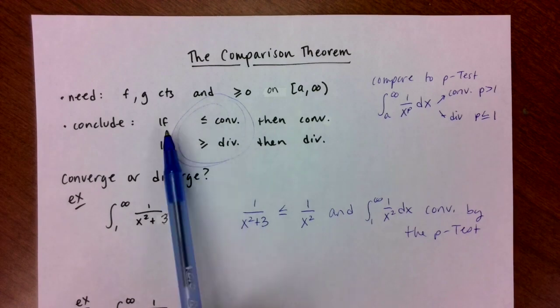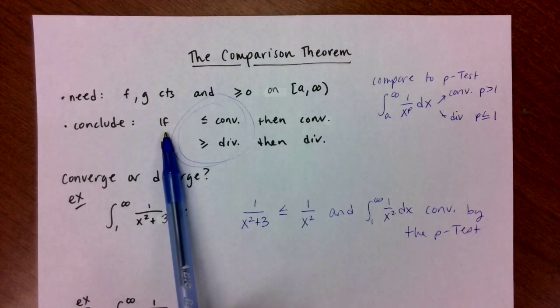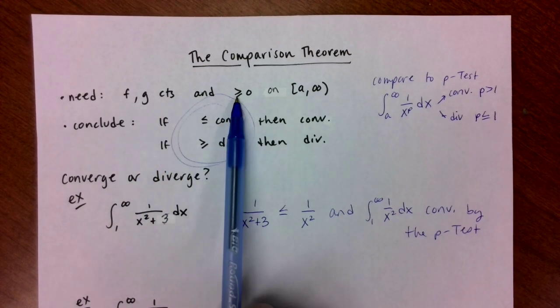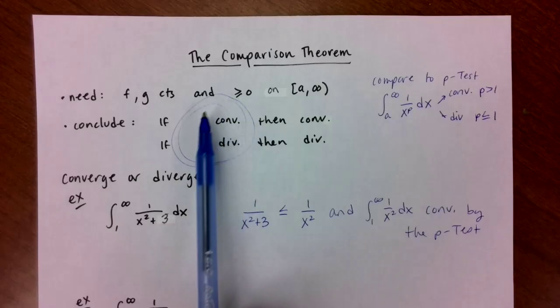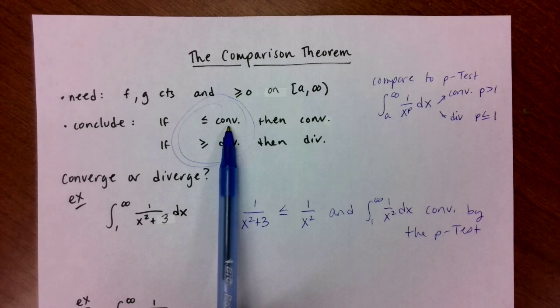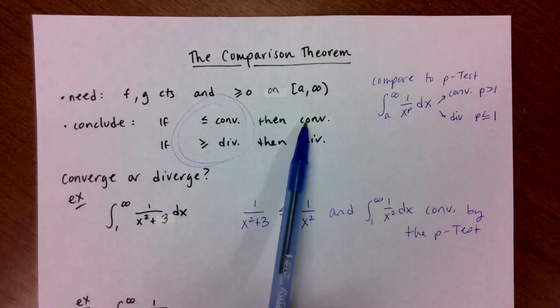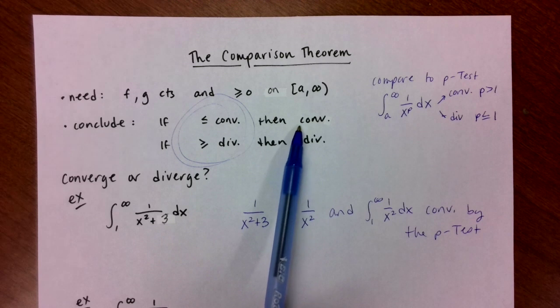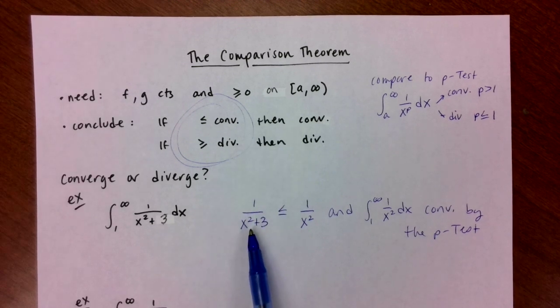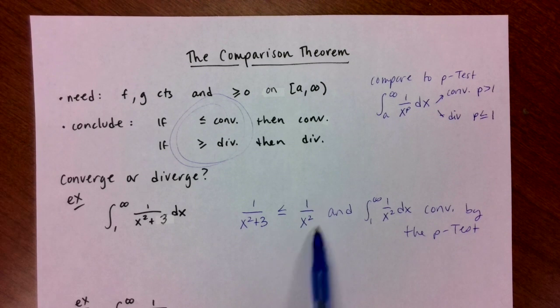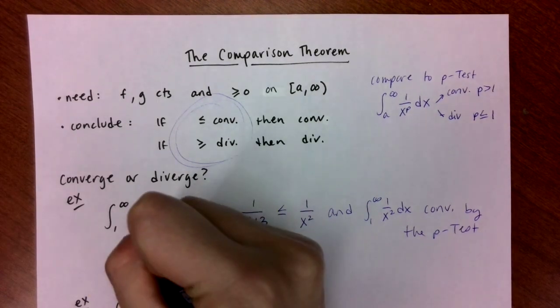So what I have is the first situation of the comparison theorem. Both my functions are continuous and positive. And I've shown that mine is less than or equal to a convergent function, so mine must also be convergent. This is sort of like a squeeze theorem situation where my function is squeezed between the x-axis and a function that has finite area underneath it, so mine must also.